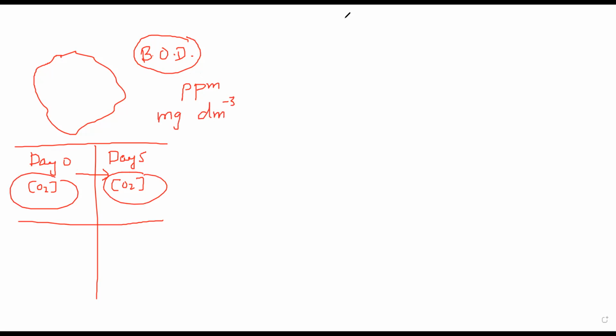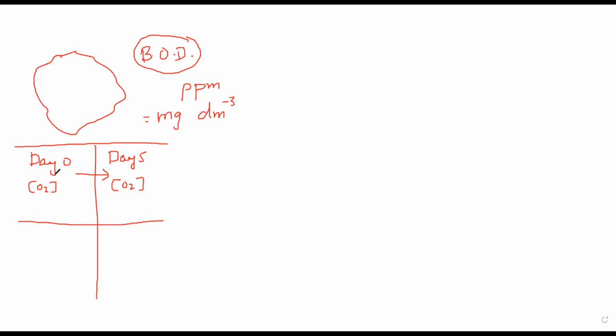If you have to convert from mole per decimeter cube into ppm, you just convert the mole per decimeter cube to milligram per decimeter cube, and milligram per decimeter cube and ppm are the same. So suppose the answer is 2 ppm, that's equivalent to 2 milligram per decimeter cube. Okay. Anyways, we'll see the calculation part later.